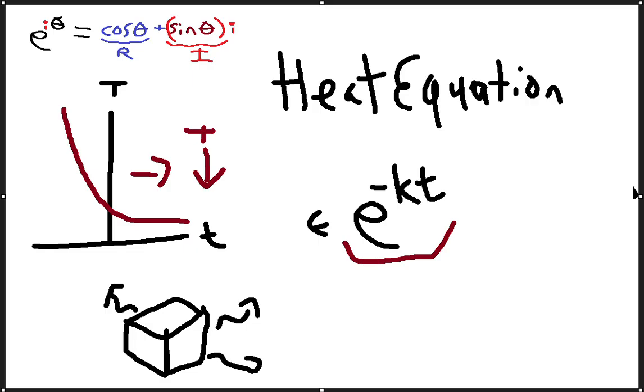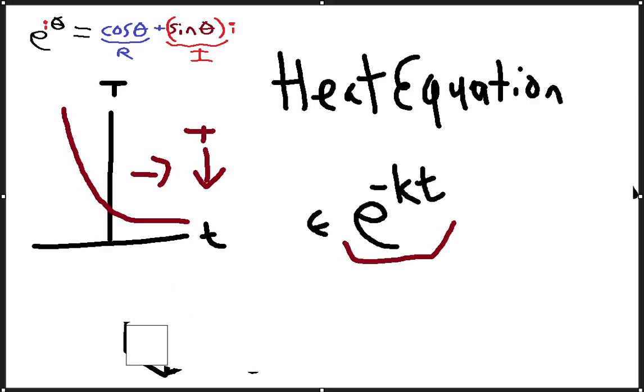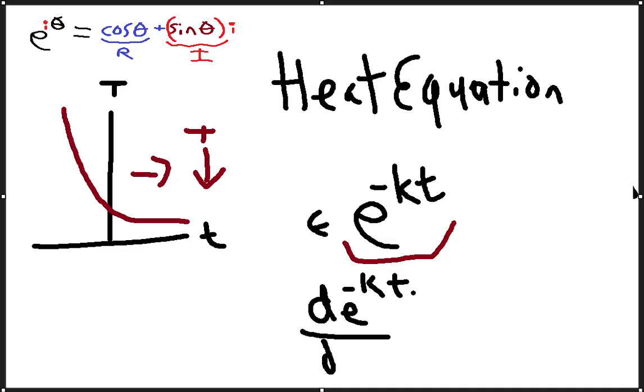It might be worth noting the derivative right now. You may remember the property, but just to remind you, the derivative of e to the negative k t with respect to t is just equal to negative k times e to the negative k t.